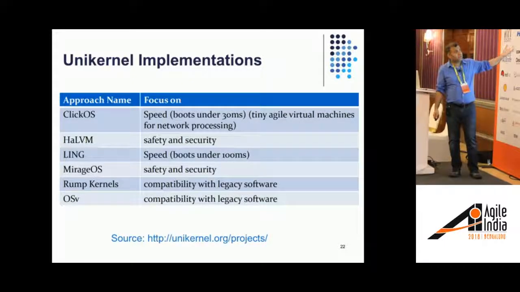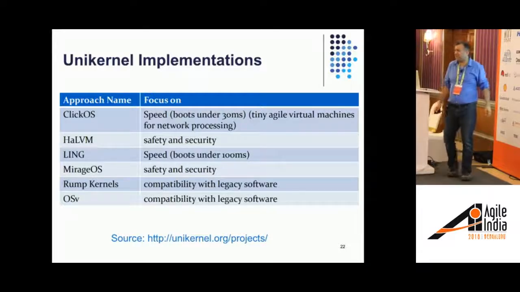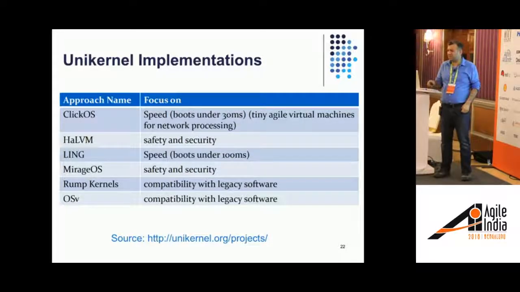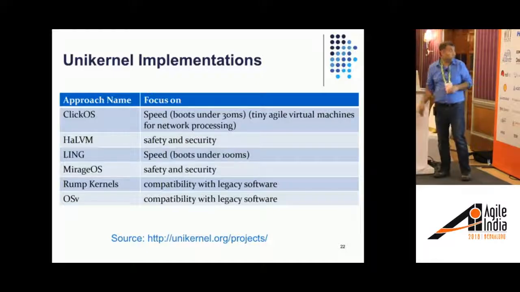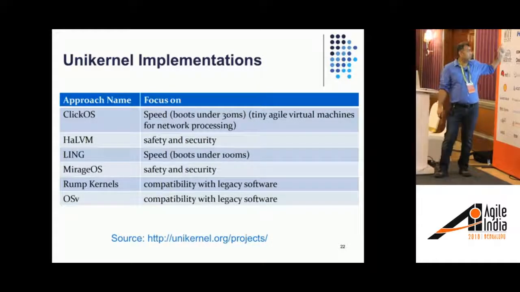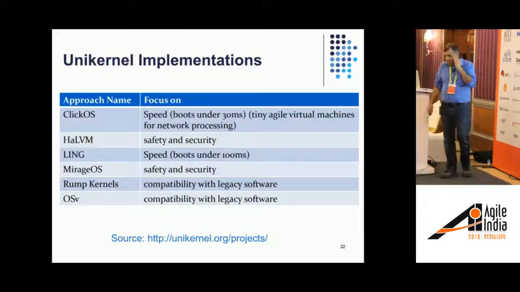You have ClickOS. It boots under 30 milliseconds, very tiny. You have Haskell's VM, HaLVM. This is actually made by a famous company called Galois. It's actually a French name, they write it as Galois, pronounced Galois. This requires you to have Haskell. You also have some unikernels that basically emulate something like a Tomcat server, right?